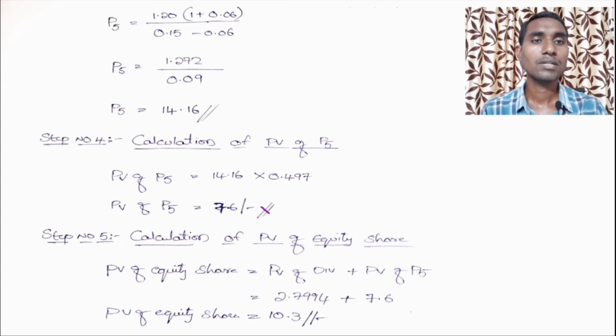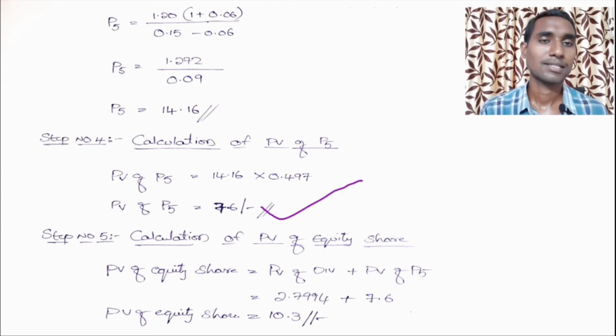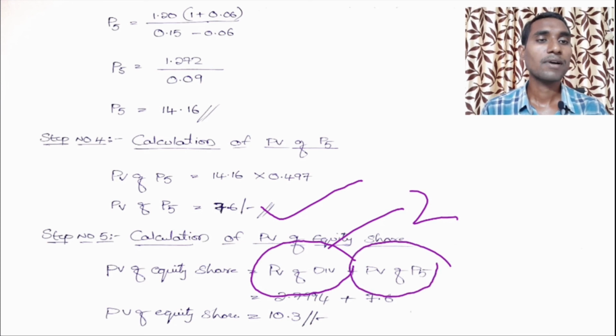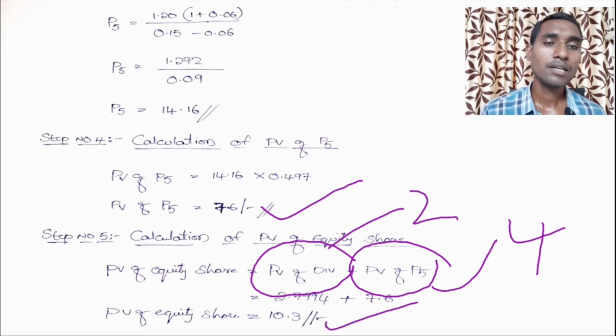When I substitute, it is 7.6. Now the last step is step number 5, calculation of present value of equity share, where I will be adding the present value of dividend, that is step number 2 output, and present value of P5, step number 4 output. If I add both, I will get the present value of equity share.